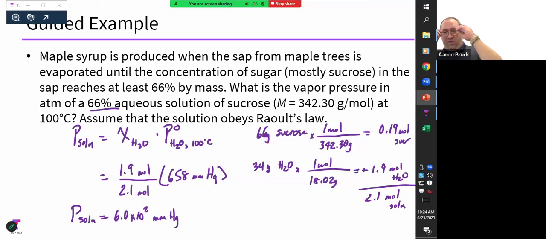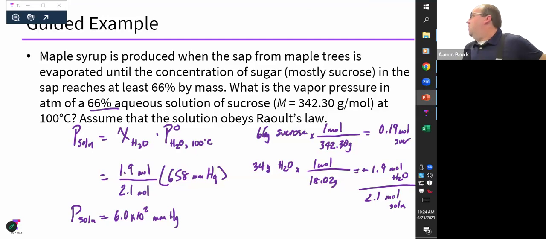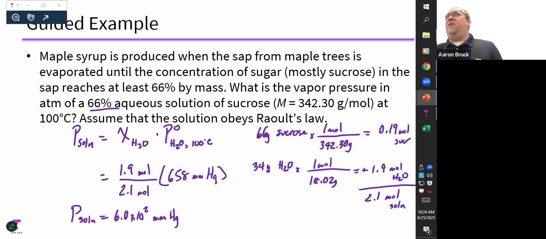And so right away, we would have a problem here effectively. If you are in the sugar shack making this maple syrup, you need to turn your heat on a little bit higher. If you remember our definition of what boiling is, when vapor pressure meets atmospheric pressure.